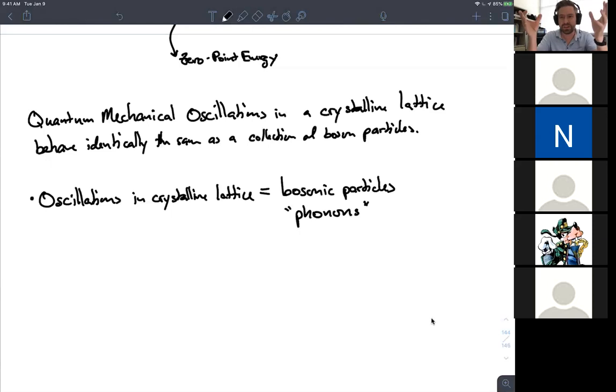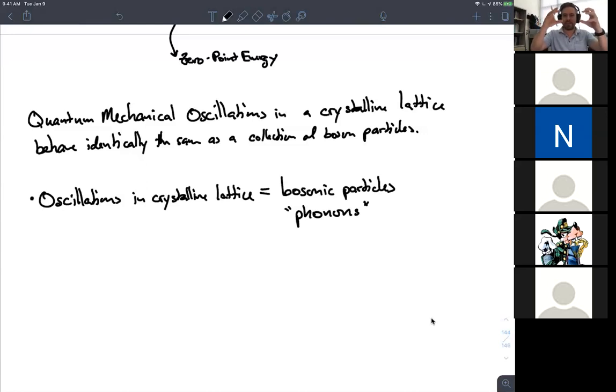A phonon obeys the same statistics as a collection of bosons, so you can think of it as a particle that represents an excitation in the crystalline lattice of our solid crystal. Does that make sense? All right, cool. Now, in other words, what you have here is a collection of harmonic oscillators.